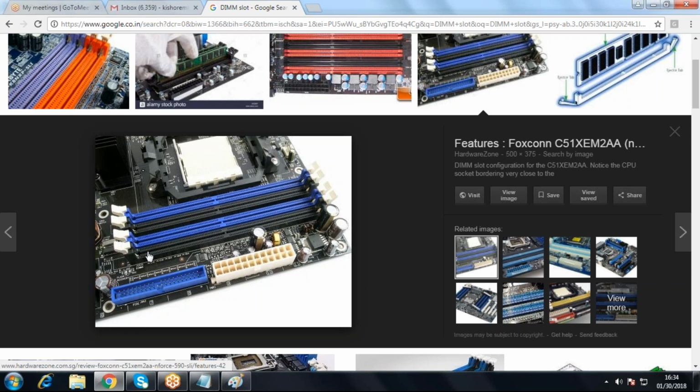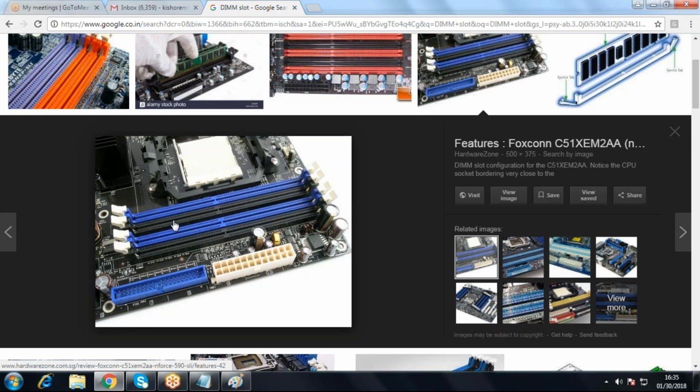Flex mode means you can see color combinations over here. In this black color slot, I have a RAM with capacity 2 GB and speed 667 megahertz. And in this blue color slot, I have a RAM of capacity 1 GB and speed 667 megahertz. Or let's go with the black one only.